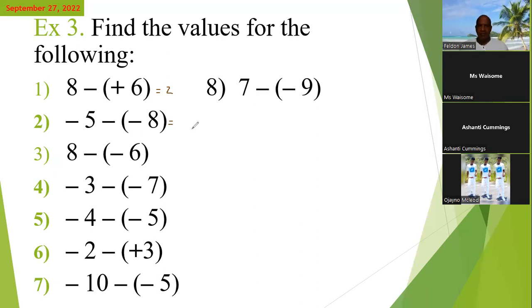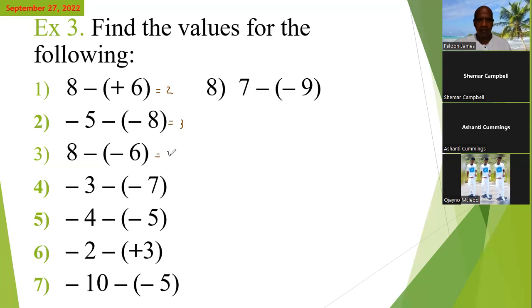Guys, I'm waiting. What is the answer here? +3. What is the answer for this one? +14.